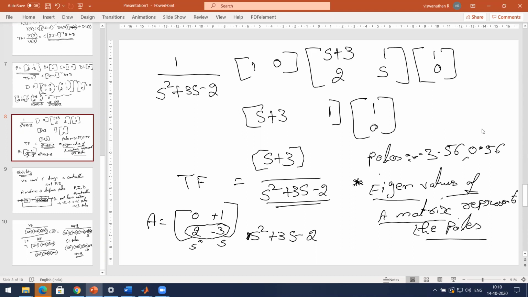You need to move this pole at 0.56 towards the left side to make the system stable, and that is the action you need to take if you want to control this system. So that's what we will be doing now.